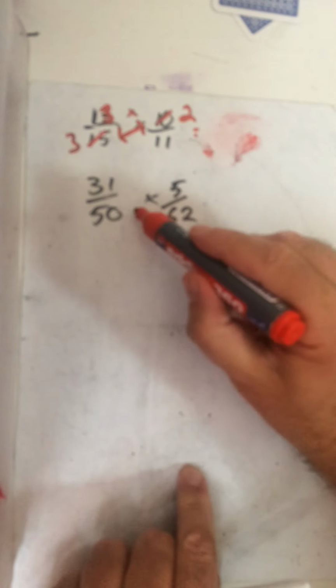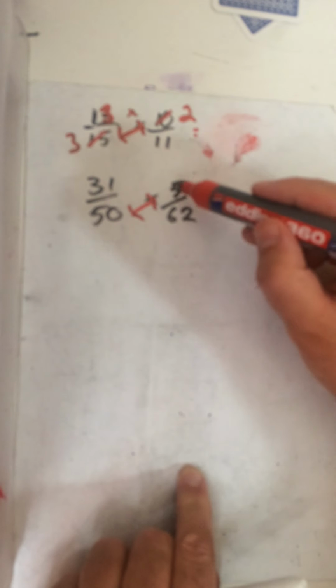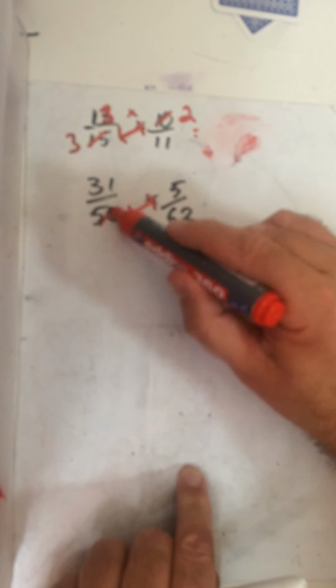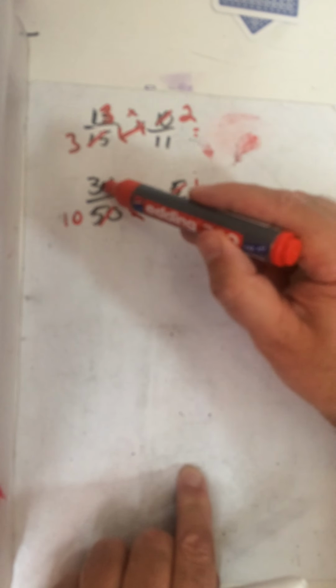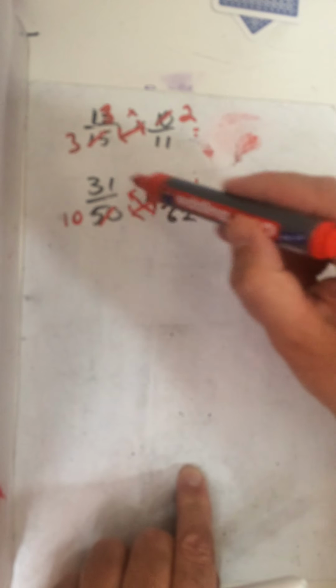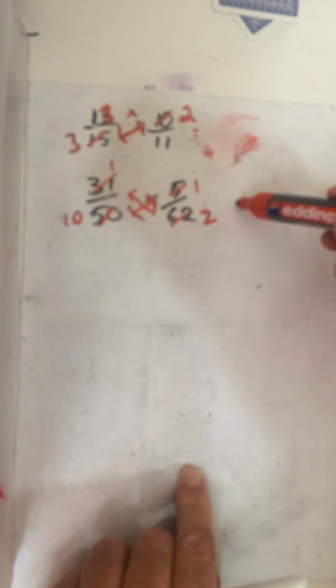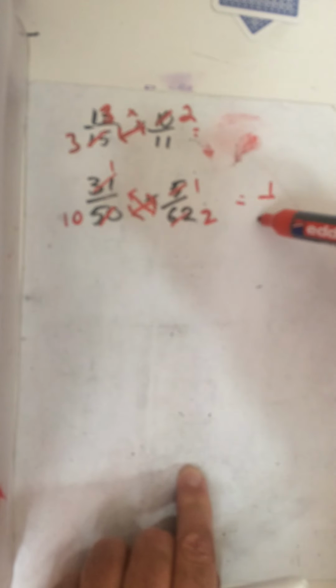Now I can see here that between this 5 and the 50, they go into each other. So 5 goes into 50 10 times and itself once, and I can see 31 goes into 62, so I can cross simplify there. That goes into itself once, twice. So in the end this becomes 1/20.